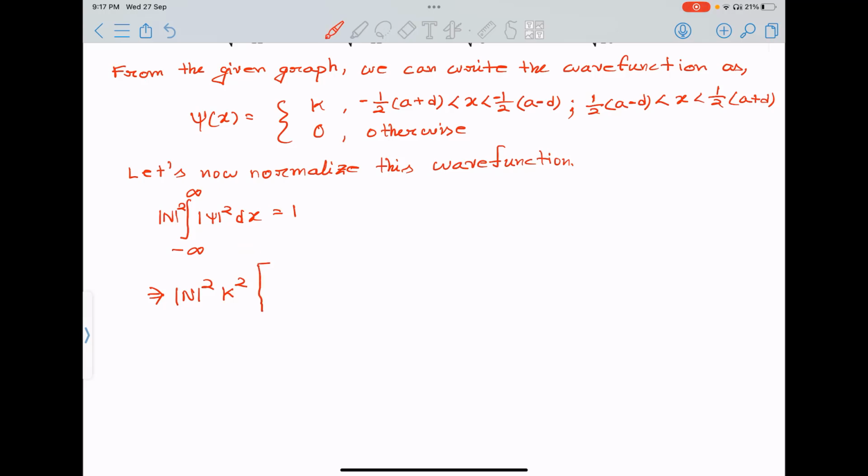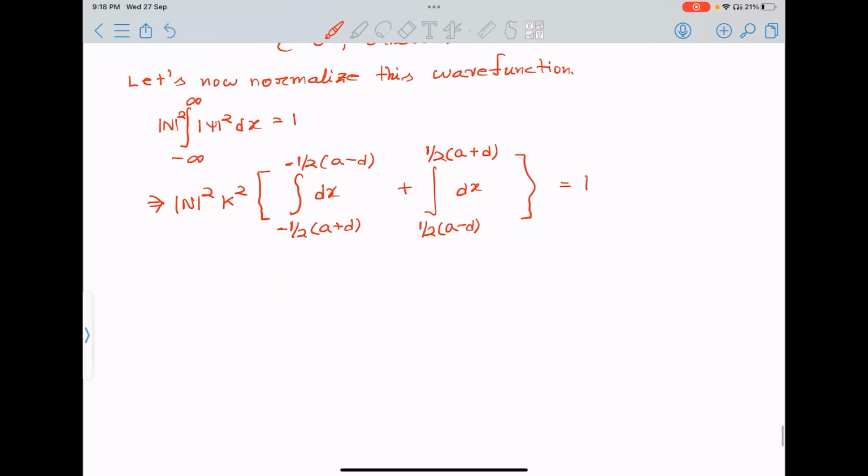And the integration can actually be divided into two ranges because the wave function distinctly stays in those two ranges. So the first integral is from minus half of a plus d to minus half of a minus d of dx, plus the integral from half of a minus d to half of a plus d of dx, and now this should be 1.